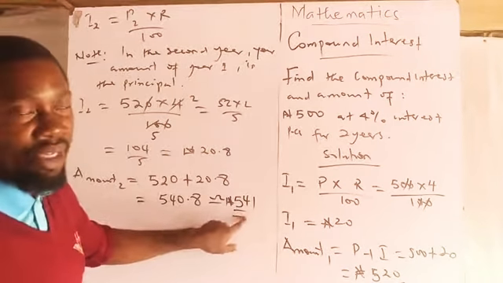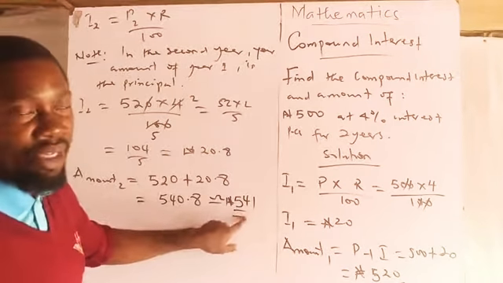So you are able to find out the compound interest and also the final amount. If you want to really find out your compound interest, you recall your original principal was 500. So what is a compound interest? The compound interest will simply be the final amount minus the initial amount.